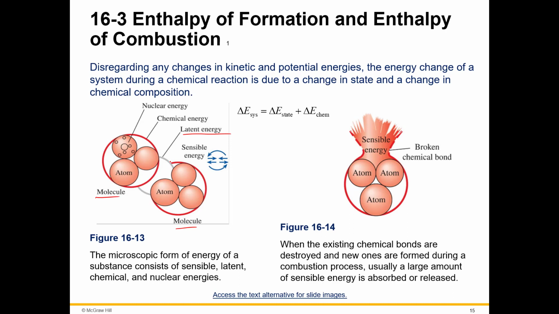The chemical makeup of the book is not changing. It's just the energy that's being transferred. But when the existing chemical bonds are being destroyed, like in a combustion, when you are actually changing the form of these mixtures, when the existing chemical bonds are destroyed and new ones are formed because it's changing molecular makeup, usually a large amount of sensible energy is absorbed or released. Okay?